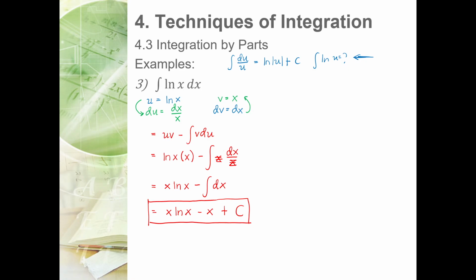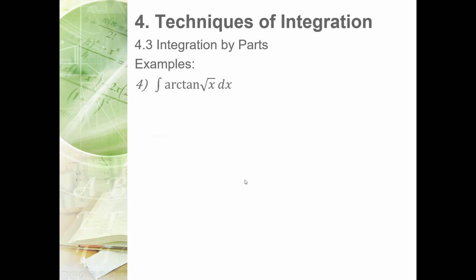Okay, so let's proceed with the fourth example. This time we have an inverse trigonometric function. Again, starting off with your u and your dv term here. If you let arctangent be your dv, it's impossible to integrate.